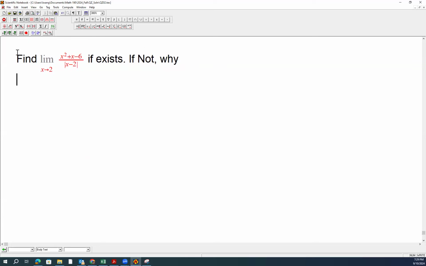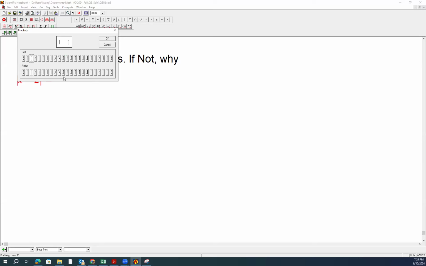The next question involves absolute value. We need to consider the limit from left and limit from right because for the absolute value of x minus 2, of course, the domain is x not equal to 2. So this function makes a piecewise function.